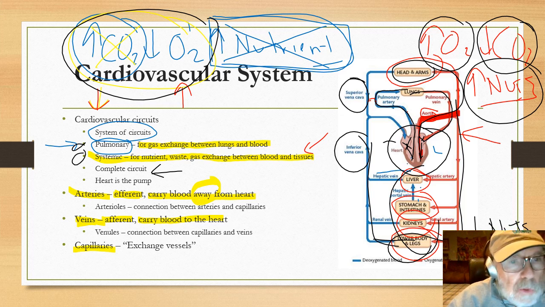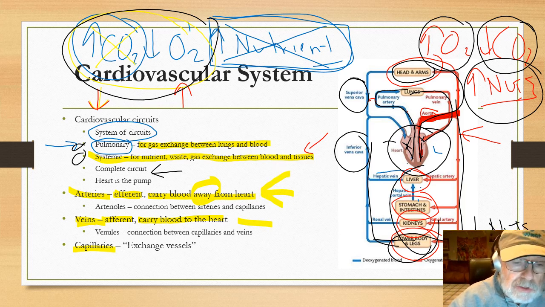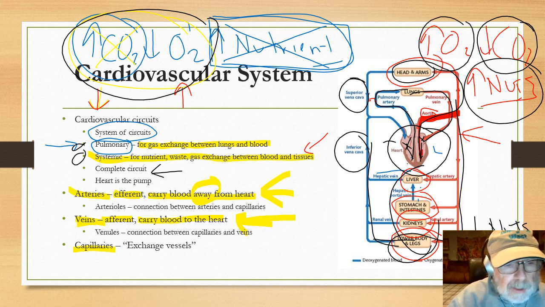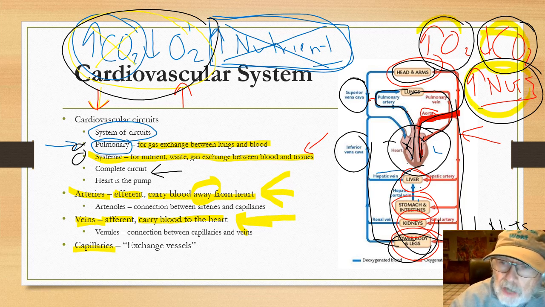But guess what? The walls of arteries and the walls of veins are thick. The arterial walls are significantly thicker than vein walls. Vein walls are actually sort of stretchy. But the walls are thick enough that carbon dioxide, nutrients, oxygen, and other things like that can't get back and forth through the wall of the arteries and veins.